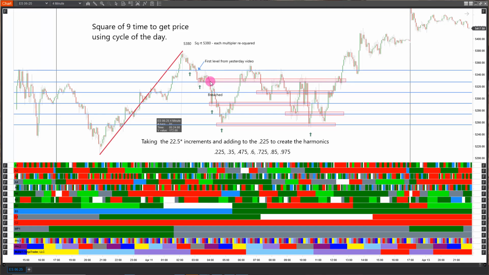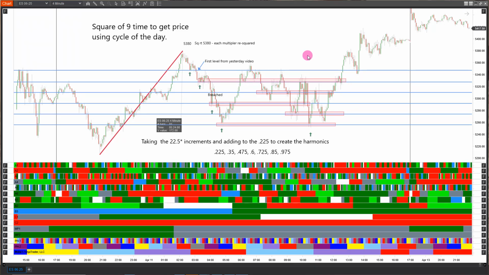So in this price action that we're looking at here, I was able to add the first 5 levels up to the 0.85. The 0.975 would have put us out of the price action. So I marked those out, and the first approach is always the most important, but these will give you support and resistance later.